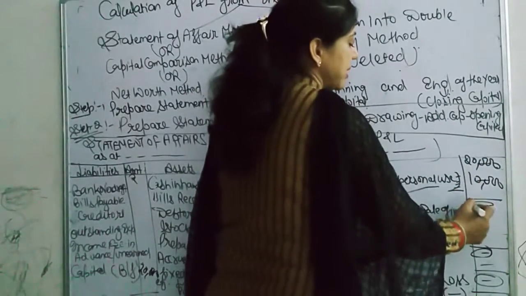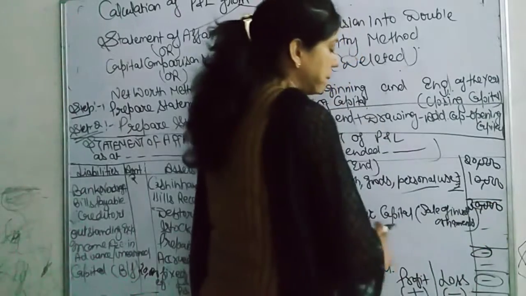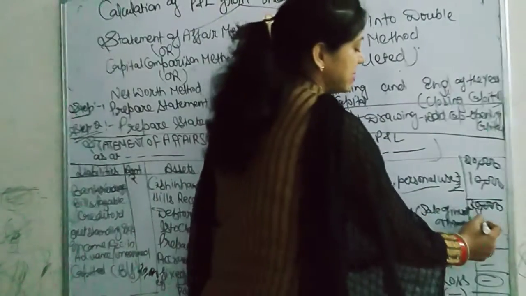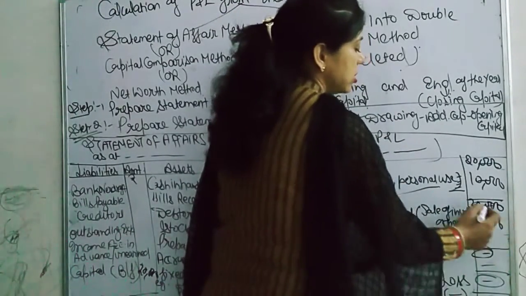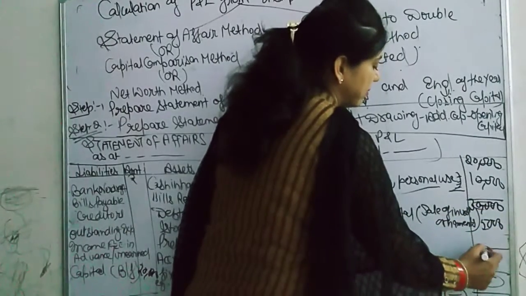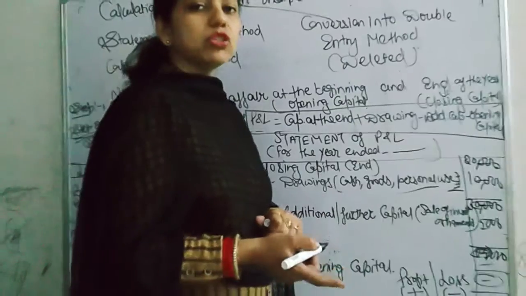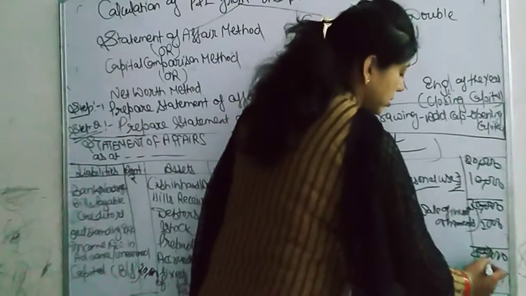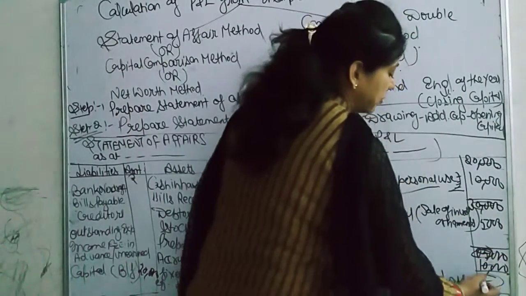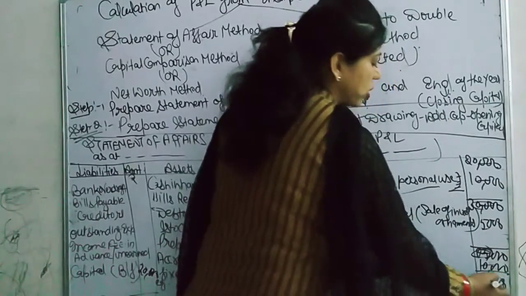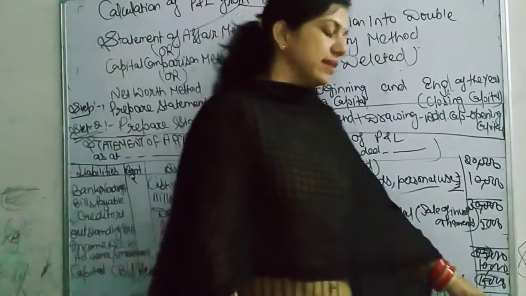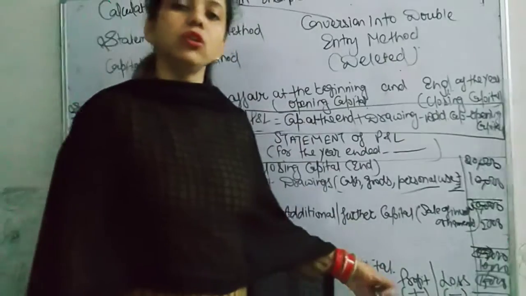So 20 plus 10, 30,000, minus additional capital, that is 5,000. So 30 minus 5, 25,000, less opening capital, that is given in the question as 10,000. So 25 minus 10, 15,000 is there. So it will be called profit. If a negative balance comes, then it will be called loss.